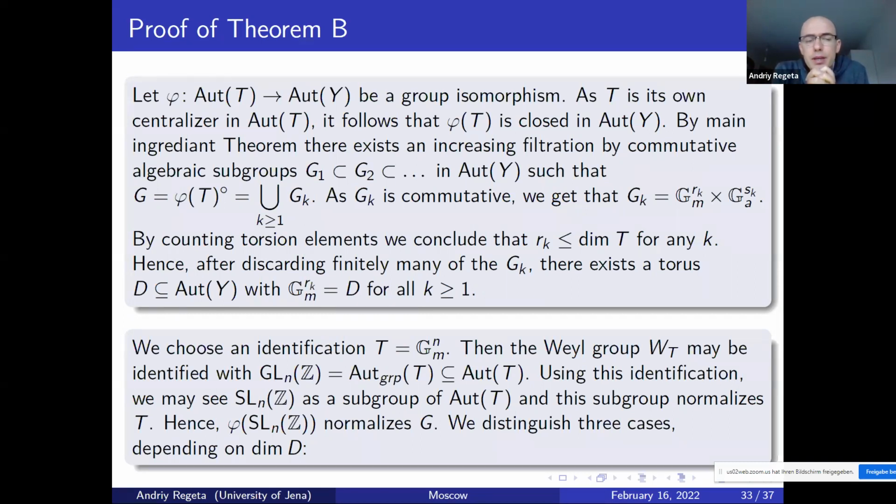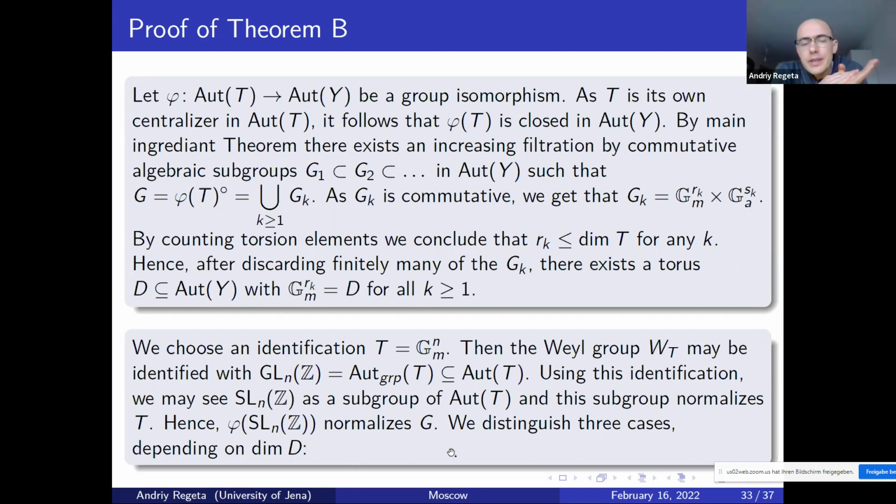Using this identification, we may see SL_n(Z) as a subgroup of Aut(T), and this subgroup normalizes T. Hence, the image of SL_n(Z) normalizes the connected component of φ of T, which is G. So G is the connected component of φ of T.